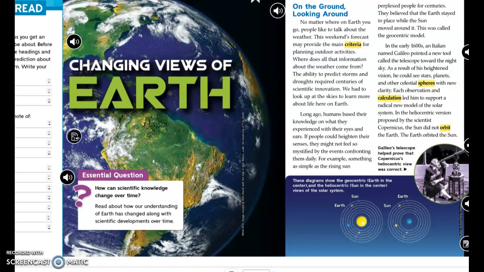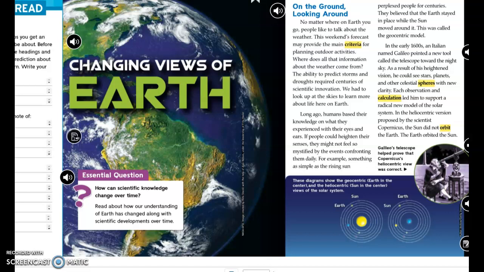Other kinds of features are the bolded words and highlighted words. You get your pictures, and then you also have your captions that explain to you what the picture is about. You also have illustrations that show you what the main idea was in that first paragraph.